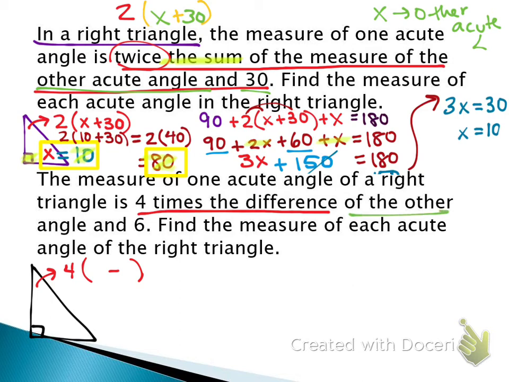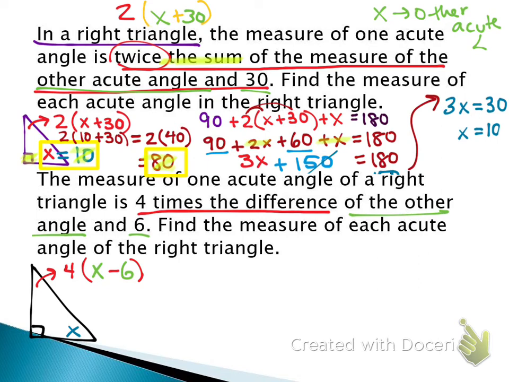And then of the other acute angle, which we still are calling x, and 6. And then what are we going to call our other acute angle? Yep, x. This one we are going to get a decimal, so you do want your calculator.